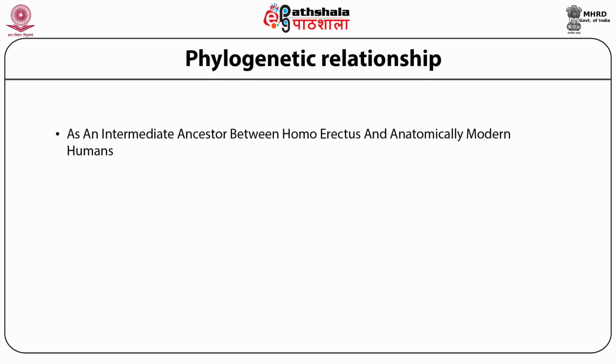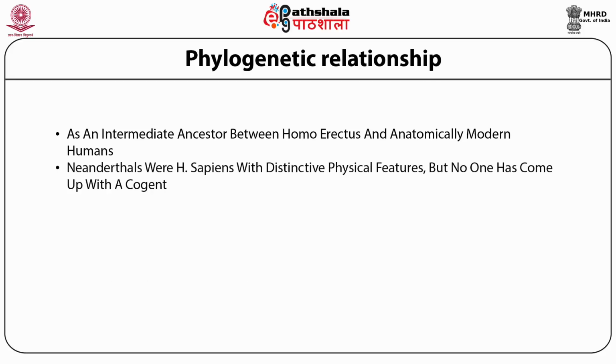The next interpretation says that Neanderthal were Homo sapiens with distinctive physical features, but no one has come up with a cogent, widely accepted theory to explain which selective pressure produced these features. Paleoanthropologists tend to favor the next hypothesis.